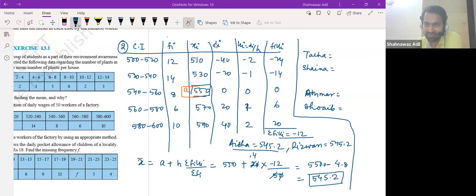Hashid was playing football and he accidentally strained his hand. Okay, so sorry. Talha also plays football.